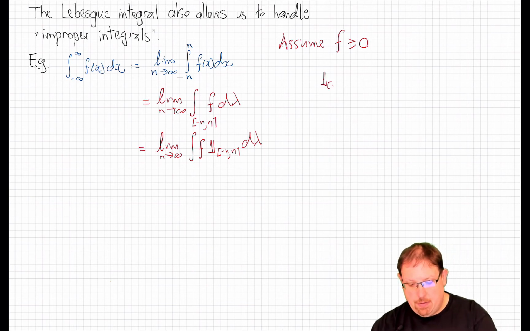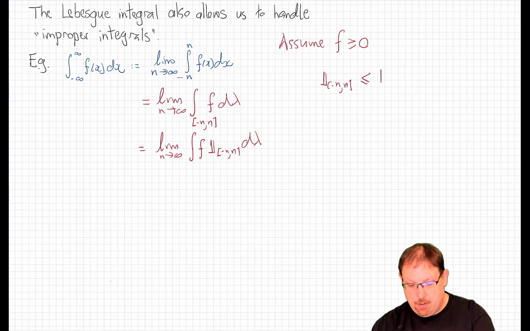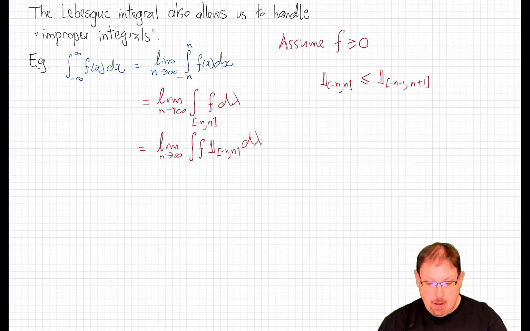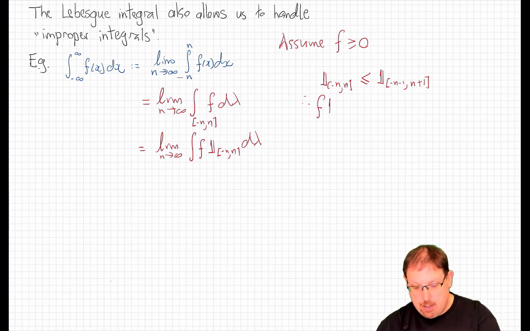The indicator of the interval from minus n up to n as a function at each point is less than or equal to the indicator of the interval from minus n minus 1 up to n plus 1. But because we're assuming that the function f is non-negative, that means we can multiply through that non-negative valued function to get that f times this indicator is less than or equal to f times this indicator.